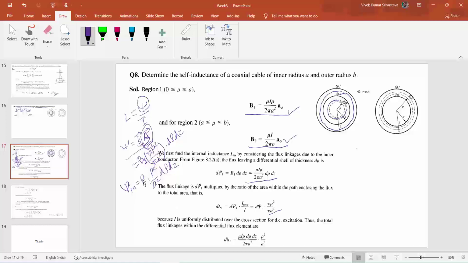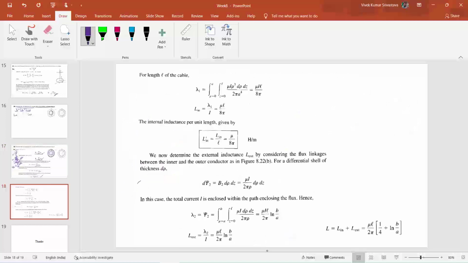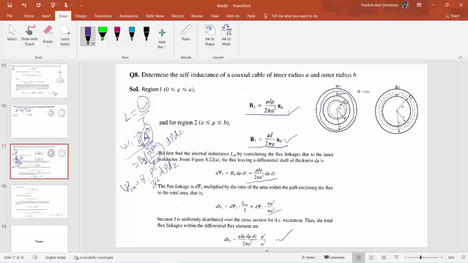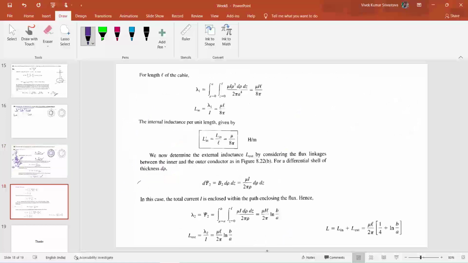Now you have got this expression, you just put the value of B1 to obtain this expression. Now you have to take the integral limits for d rho and dz, from 0 to a and 0 to l. Here the inner conductor is from 0 to a, which is the radius of the inner conductor, and the length you can take anything, like here I am considering l.